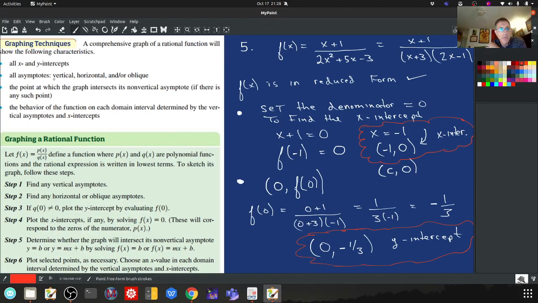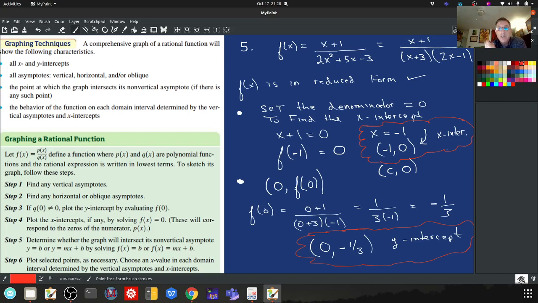So now we want to find all asymptotes, vertical, horizontal, or oblique. Notice that the degree of the numerator is 1, and the degree of the denominator is 2.